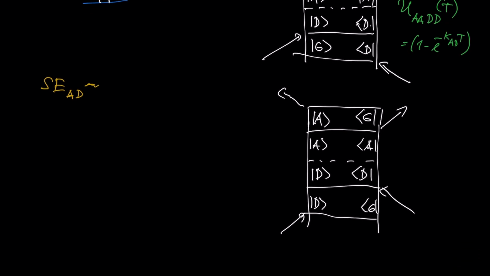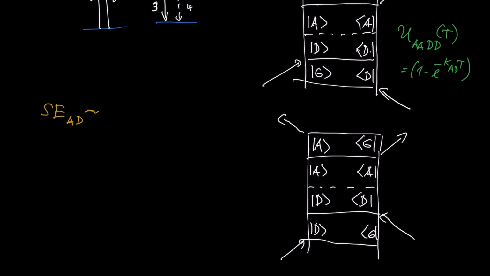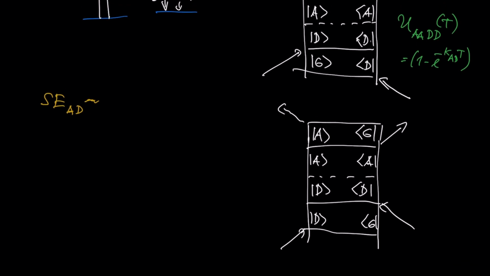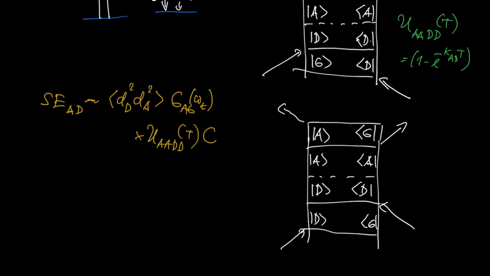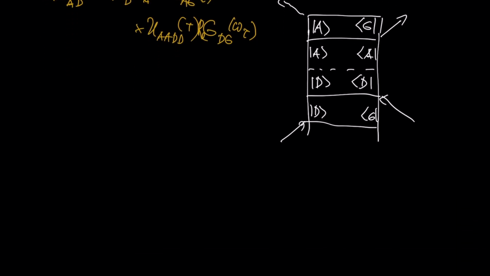Okay, so that's exactly the same rise occurs also in this diagram, and the total diagram, the sum of these two, will be therefore D square, dA square, and then AG as the final line shape. In between there is AA dt, and G, we first excite at D, DG omega tau, and the real part of it because we sum rephasing and non-rephasing pathways together. Okay, so that's a term that we have to definitely account for.